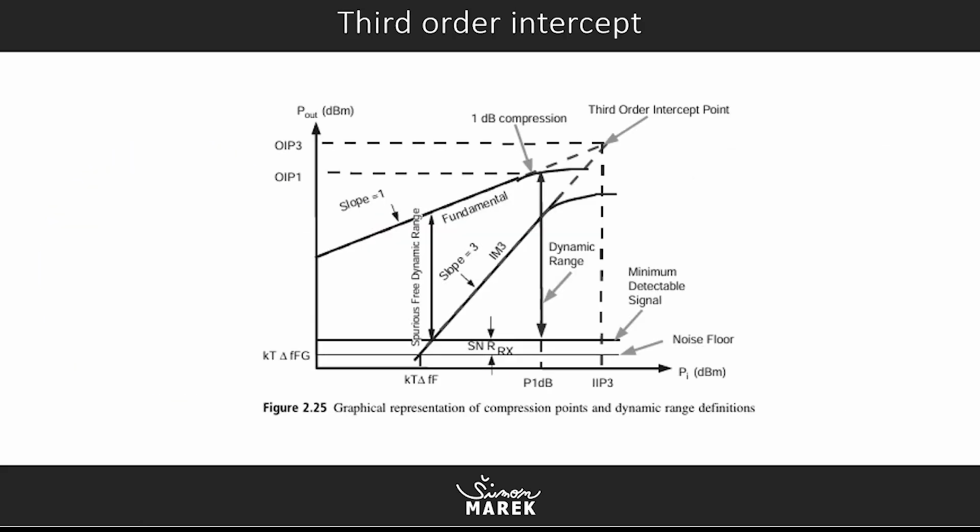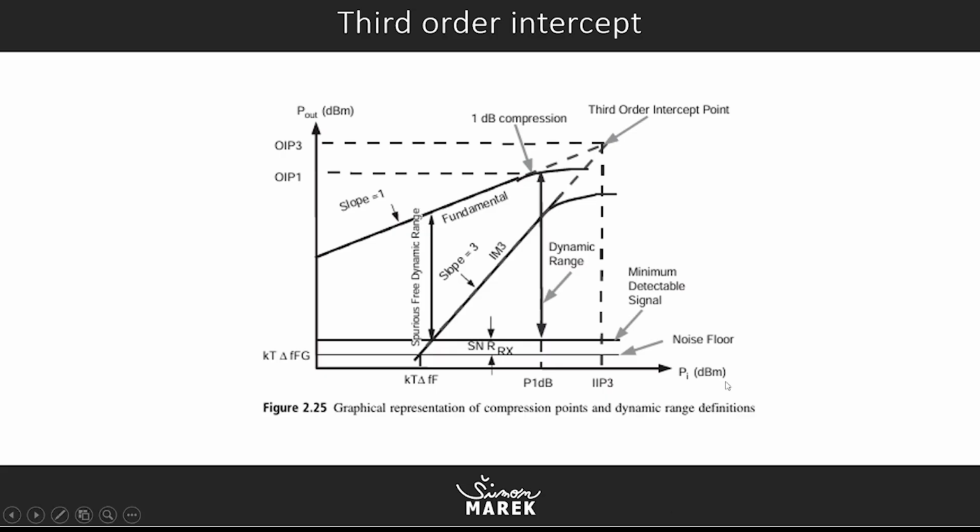There's also third order intercept point, which is sometimes I would say important for other types of amplifiers like power amplifiers and really RFIC design. But in LNA design, we can also take a look at this.